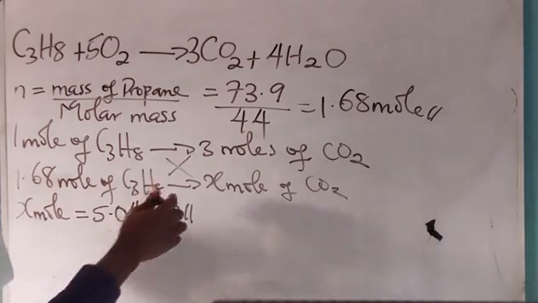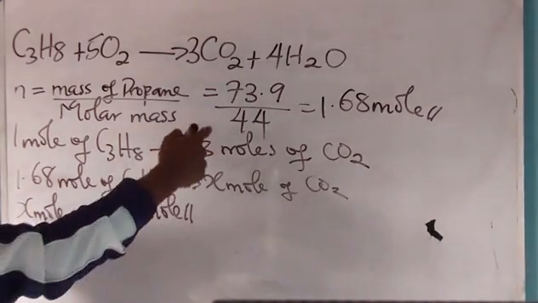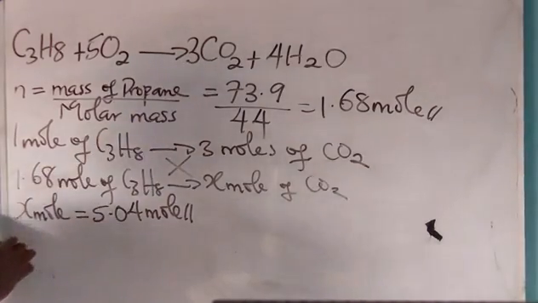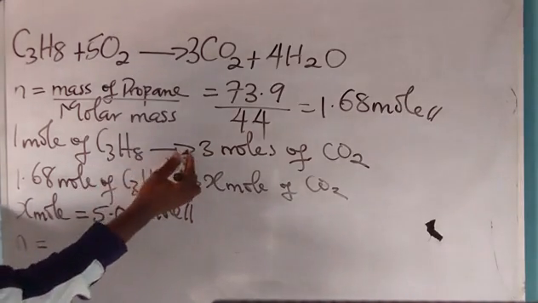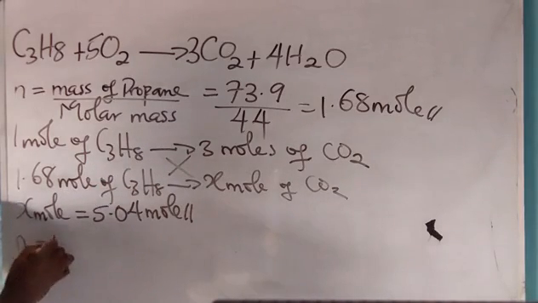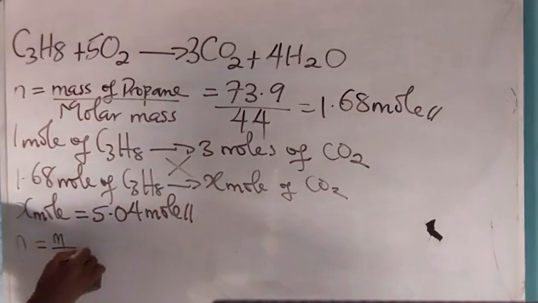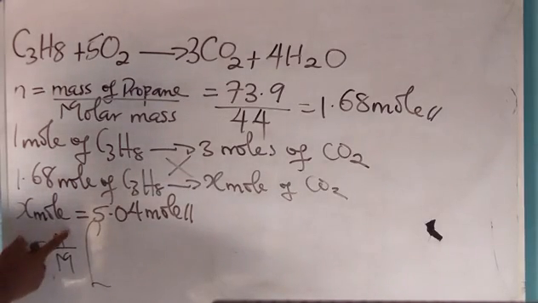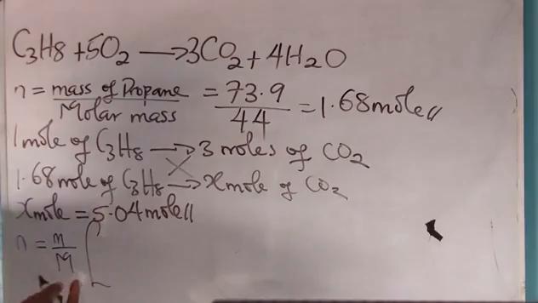Which means that this mole is for carbon IV oxide. Therefore, mole is equal to mass over molar mass. Then you put in your parameters and cross multiply as usual.